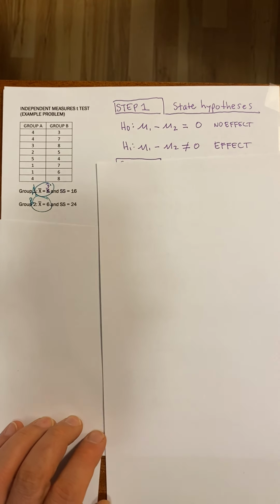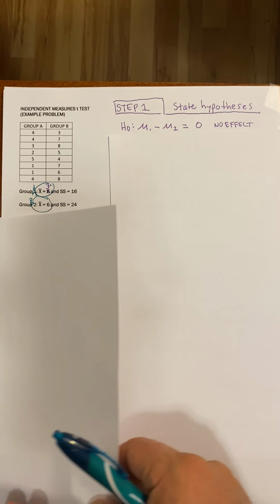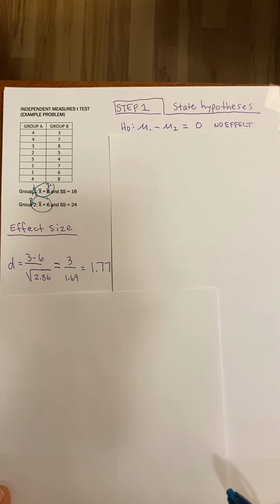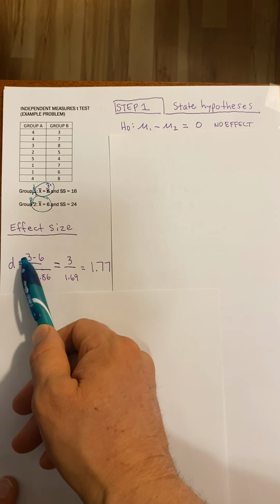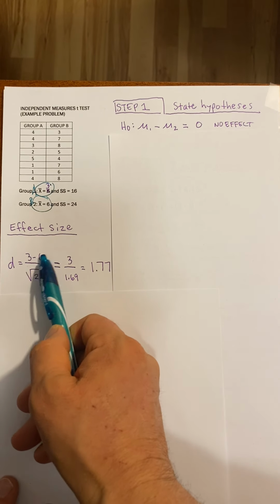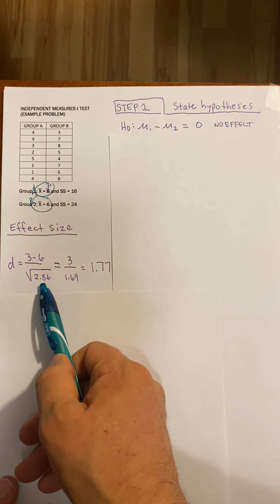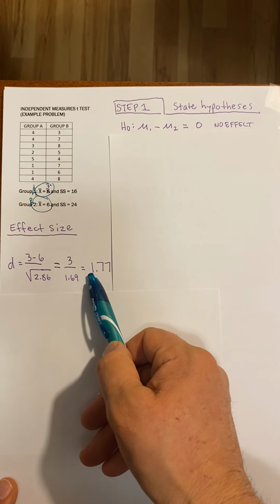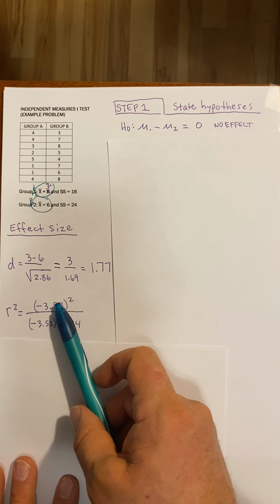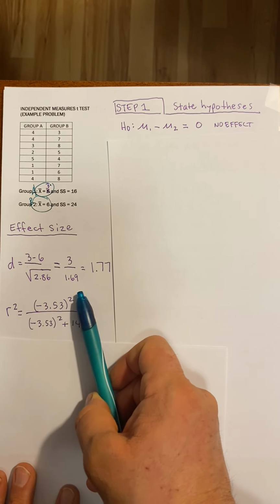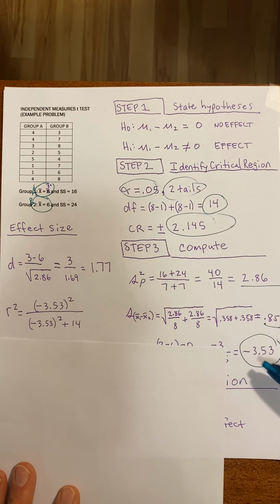Real quick from there, let's just make sure how we go about calculating effect size from here. Our Cohen's d would be that sample mean 1 minus the sample mean 2 over your pooled variance, and that gives you a Cohen's d of 1.77. Your r squared value is, remember, you've got your t squared, and it's the t that was in your step 3.